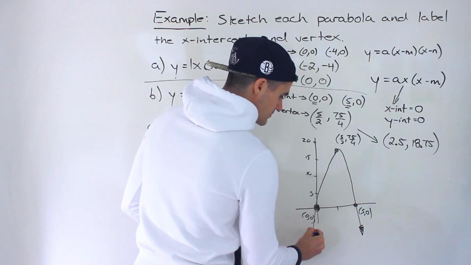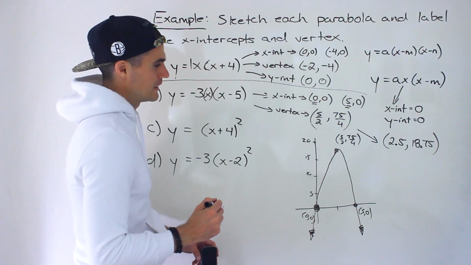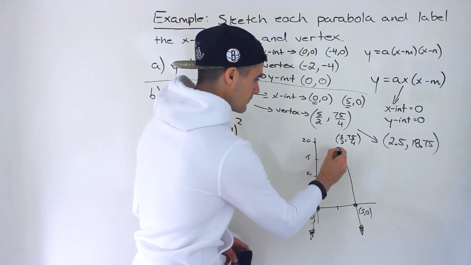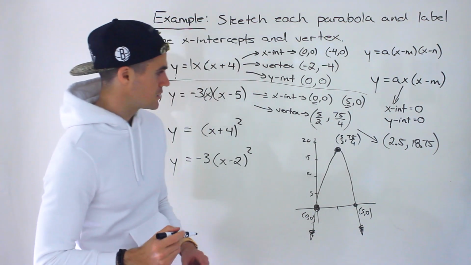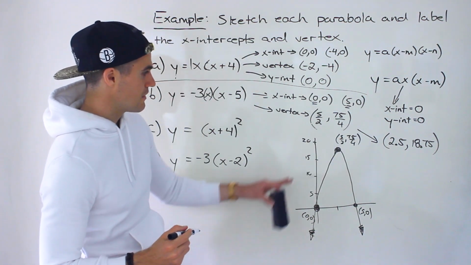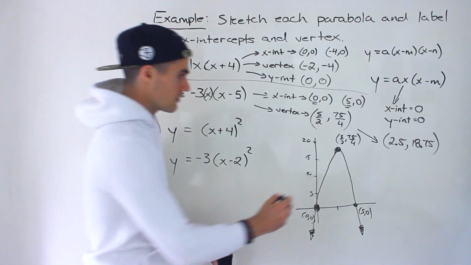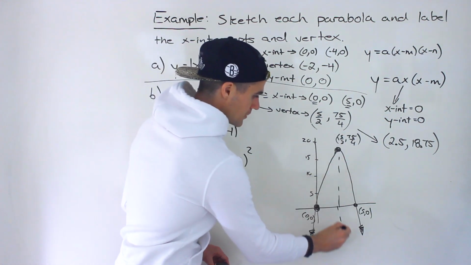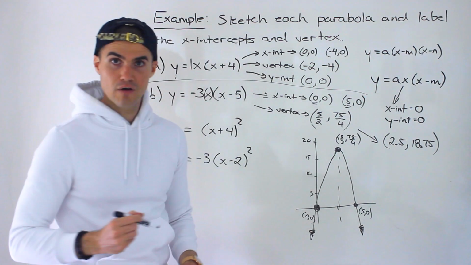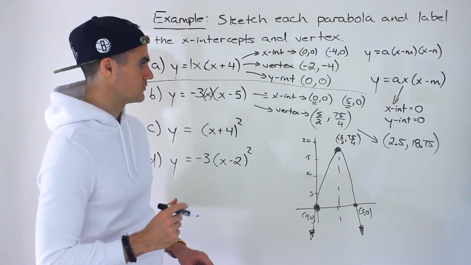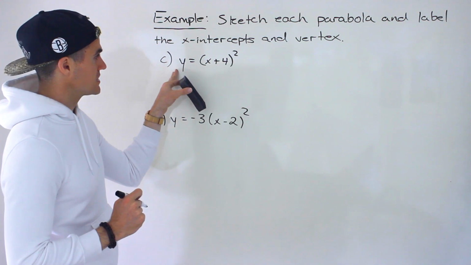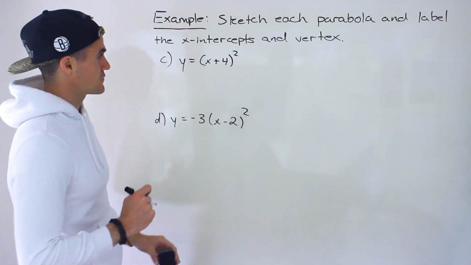These are not always the best drawings on my part. Once you have graph paper, you can make a nice symmetrical one. All right, but that there ends up being this quadratic here. The axis of symmetry is happening at this x value of 2.5 or 5/2. So now moving on to part C, we got y equals x plus 4 to the power 2.